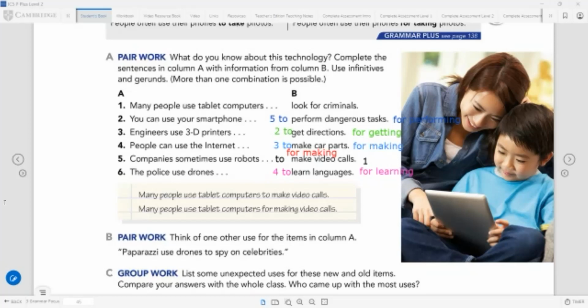And finally, number six, the police use drones, to look for criminals. Or you can say for looking for criminals.